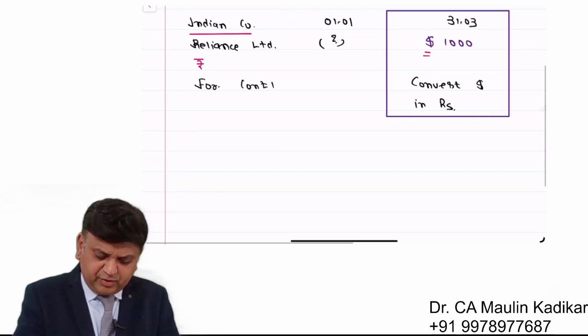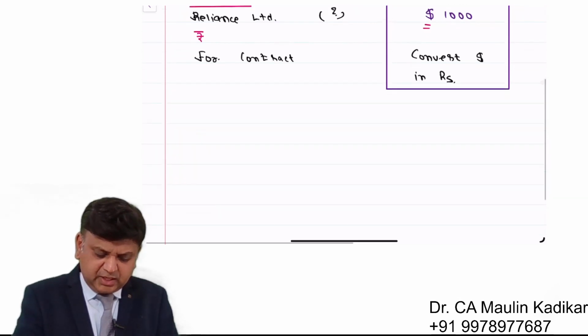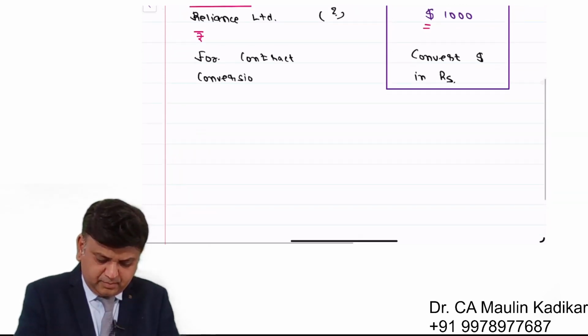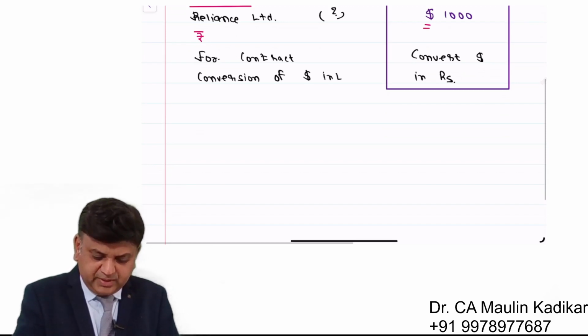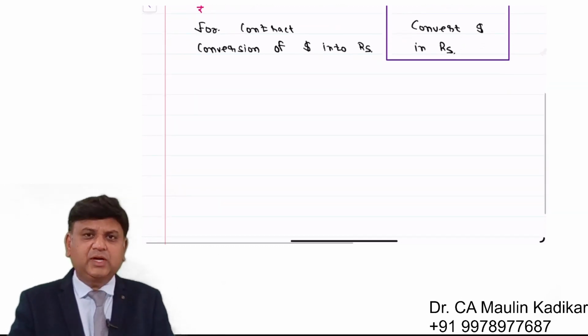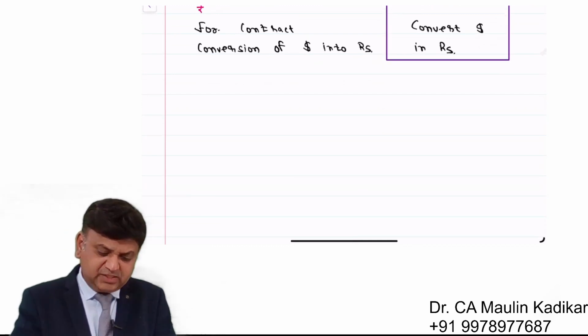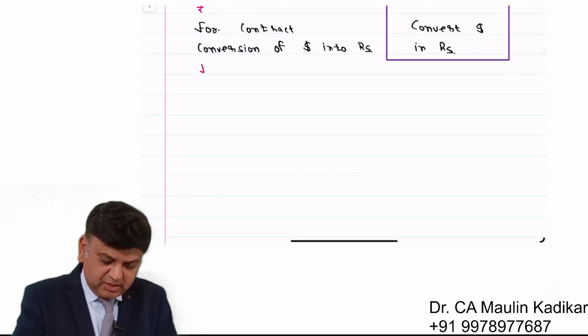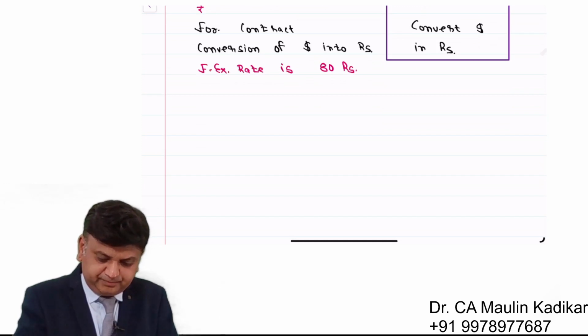It can enter into a forward contract for conversion of dollar into rupees. Let us say that it is entering into the forward contract for conversion of the dollar into rupees, in which the forward exchange rate is 80 rupees per dollar.